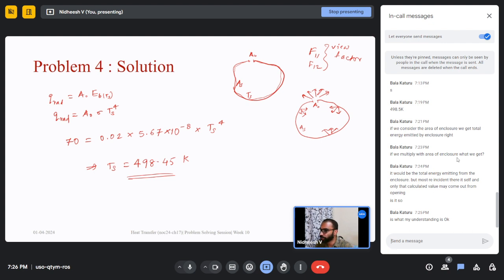It is not absorbed again by the enclosure, so that is emitted. But when we take the inside area, it is emitting radiation, but the same area is absorbing that radiation. So we can't say it is the emitted radiation from that black body.